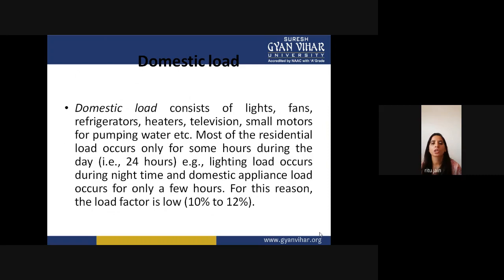Most of the residential load occurs only for some hours during the day. For example, lighting load occurs during night time and domestic appliance load occurs for only a few hours. For this reason, the load factor is low. We will discuss load factor.